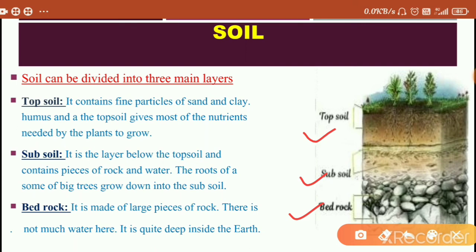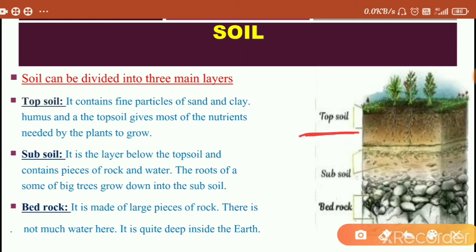The uppermost layer we see is humus, made of the dead remains of plants and animals. This is known as topsoil.